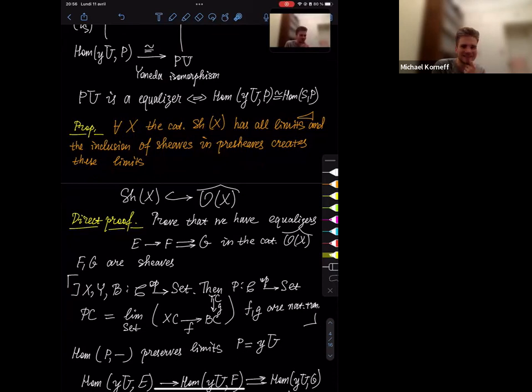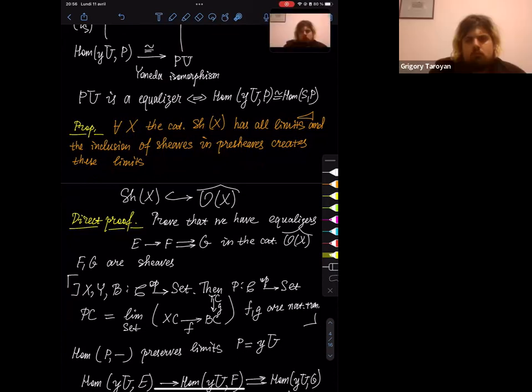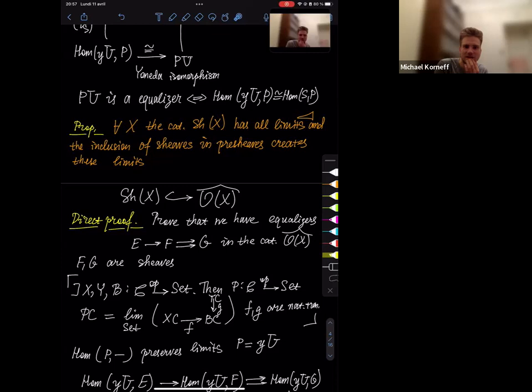It isn't so. Because if we have colimits, then it's okay. But in this situation we have limits and a left adjoint. A left adjoint preserves colimits. Yes, I think yes. Okay.